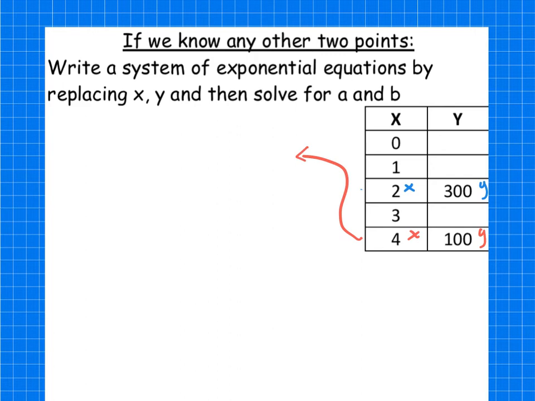So I'm going to plug this into y equals a b to the x. So 100 equals a b to the fourth. And then I'm going to take this one, 300 equals a b to the third. Then what I'm going to do is divide those two.